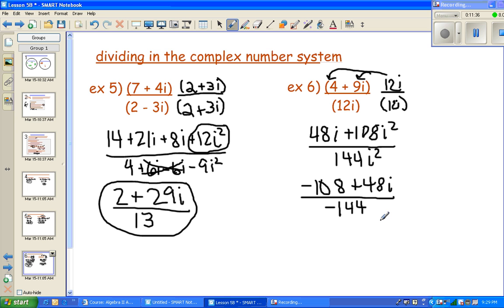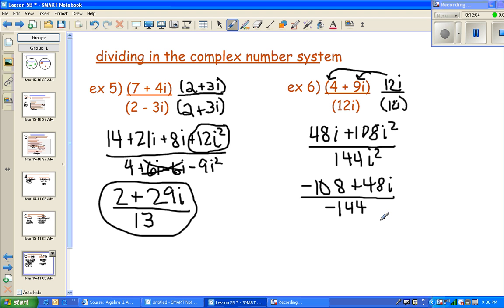You always want to simplify your answer as much as you can. So you want to ask yourself, what's the smallest number that can go into 108, 48, and 144? And so just mess around on your calculator for a second. So 48 doesn't work.